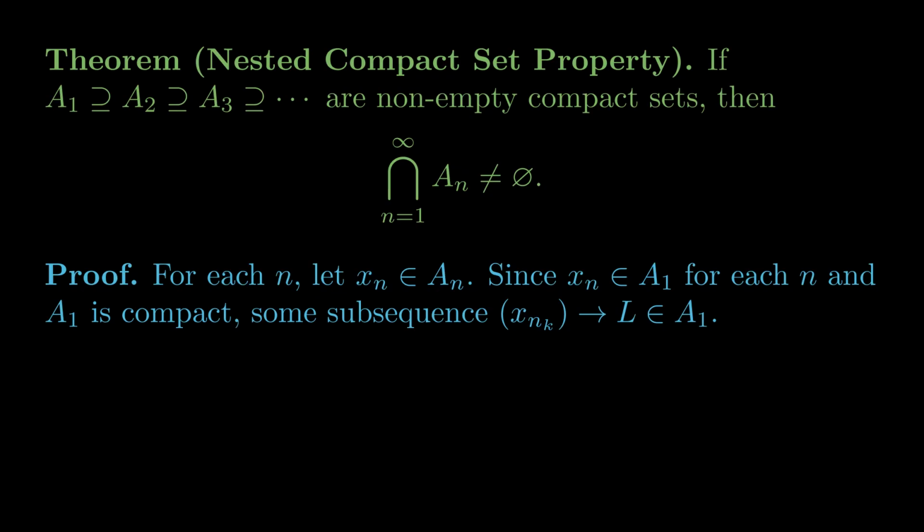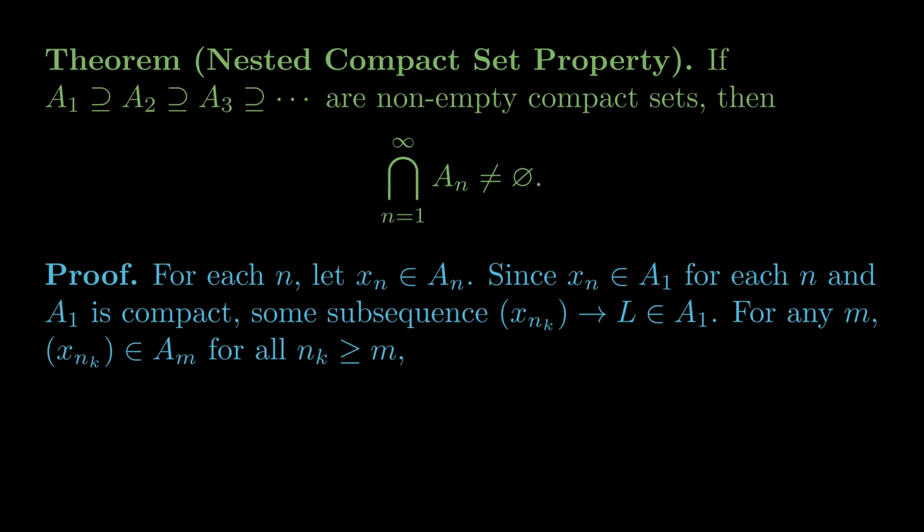But not only does L live in A1, we could argue for any index m, L lives in A m. We could just note that the terms of the sequence x n k live in A m for all n k greater than or equal to m. This results from the fact that we chose each x n k to live in A n k. And because the sets are nested, A m contains A n k for any n k greater than or equal to m.